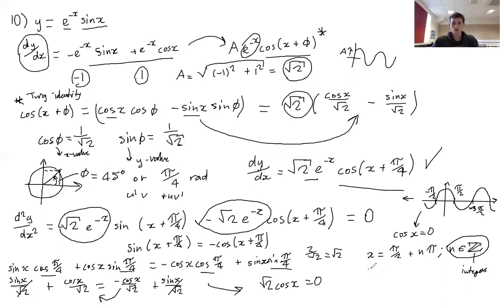So this is our answer for where inflection points occur. And that's all that this question was asking for. They actually asked you to prove it, so they would have had something very similar. I believe they had a k instead of an n, but it's just a placeholder.